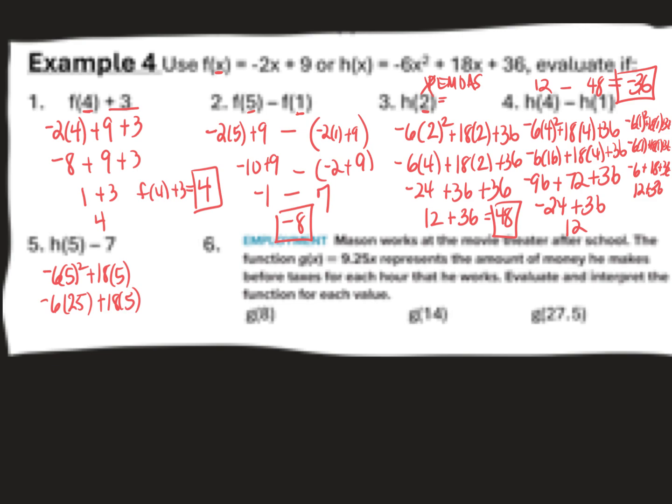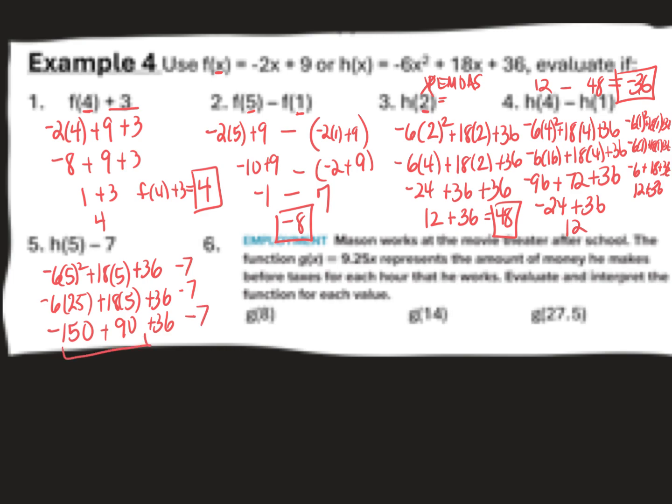This should be plus 36 and then the minus 7. Then plus 36 and minus 7. And then negative 6 times 25, I think, is negative 150. Plus 90 plus 36 minus 7.